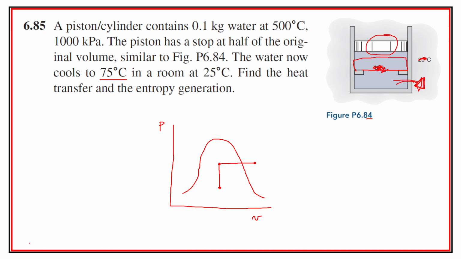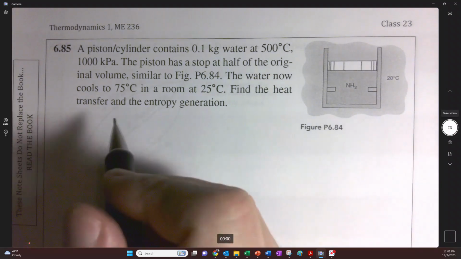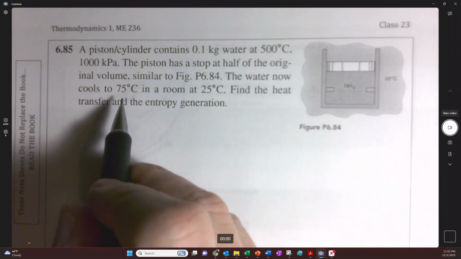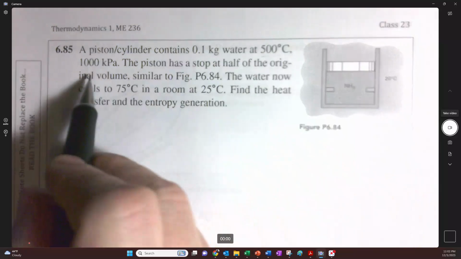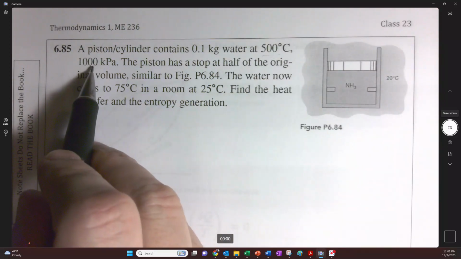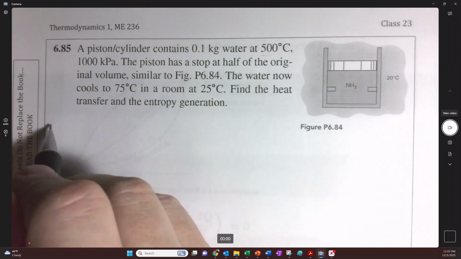So let's go and do this problem. First thing I'm going to do is get some properties. At 500 degrees Celsius and 1000 kPa, I think there's a good chance it's going to be superheated. So let's check that out.